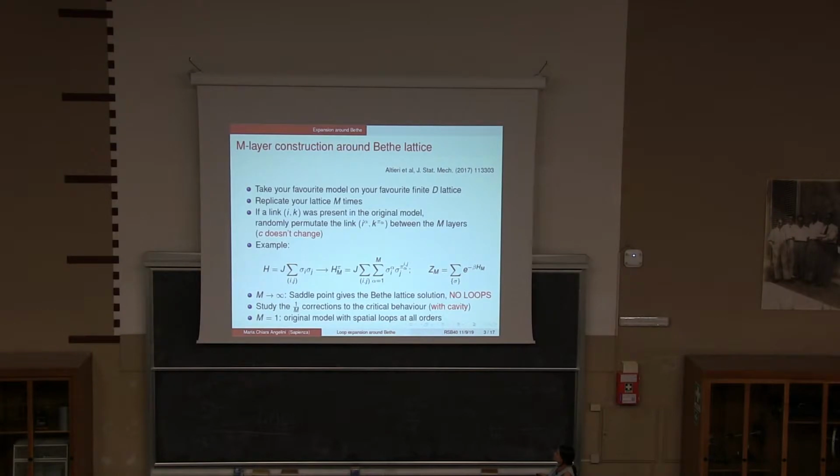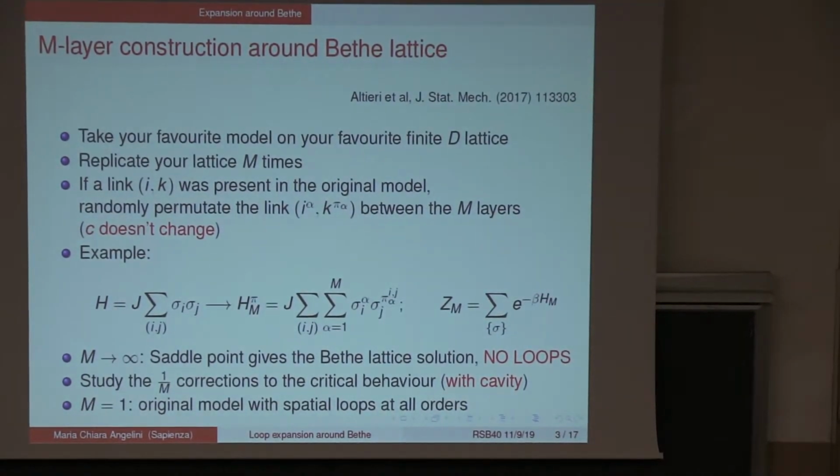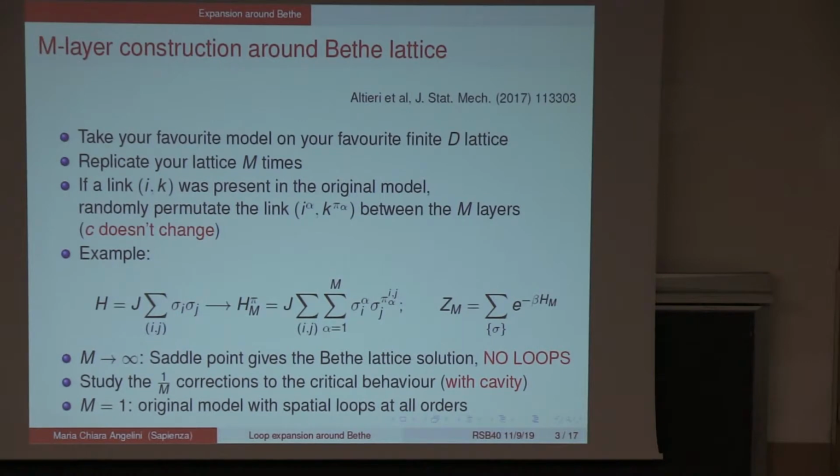So in the m equal infinity lattice, there are no loops. For this reason, we recover the Bethe lattice free energy, because we don't have loops, as happens in the Bethe lattice. Then we can study the 1 over m correction to this saddle point. You can do it in this way, but we prefer to do it with the cavity method, because it's easier. At the end you can put m equal 1, and m equal 1 is your original model.